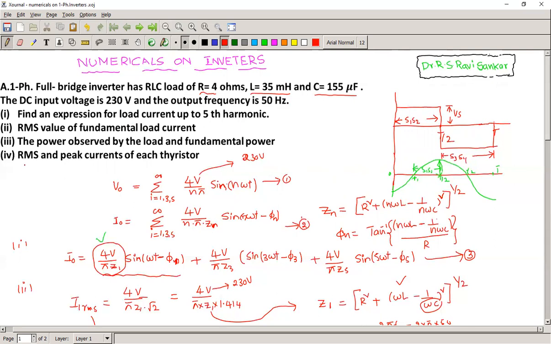So up to here we calculated the first one, the RMS value of the fundamental load current, and we also completed the power absorbed by the load with respect to the fundamental power. Here we have taken only the fundamental.